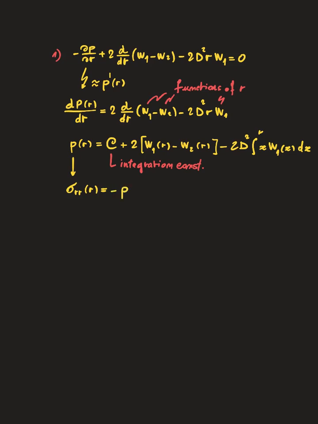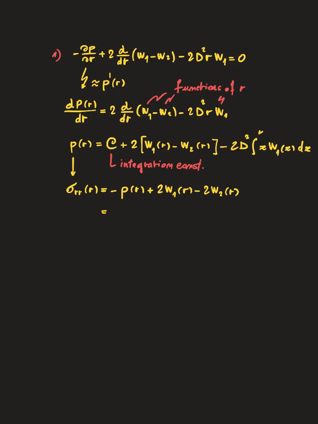This is equal to minus P of R. And then, if you remember, this is just what we have obtained in the last lecture, minus 2W1 of R minus 2W2 of R. And then if you replace the expression of pressure computed there, we obtain that the sigma RR component, well, in fact, it's rather simple because please note that P has this term, which is precisely this term.